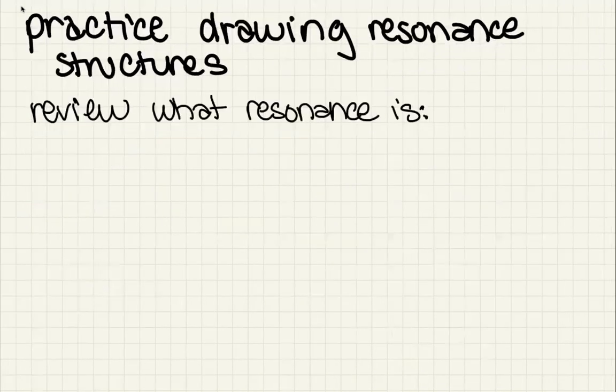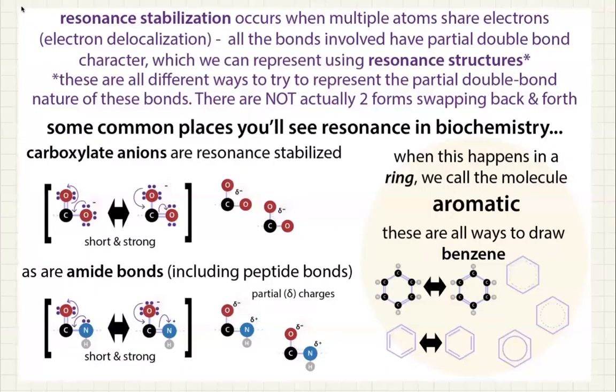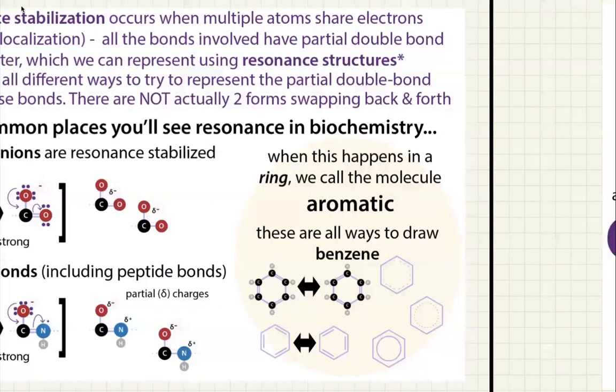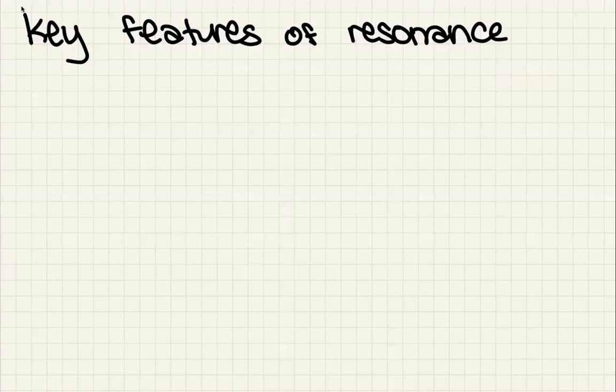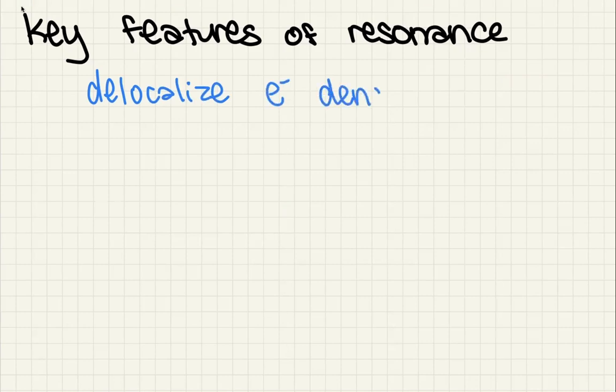Now let's talk about resonance structures. So first, let's just review what resonance is. So basically, resonance is when you have delocalized electron density in a pi bonding system.